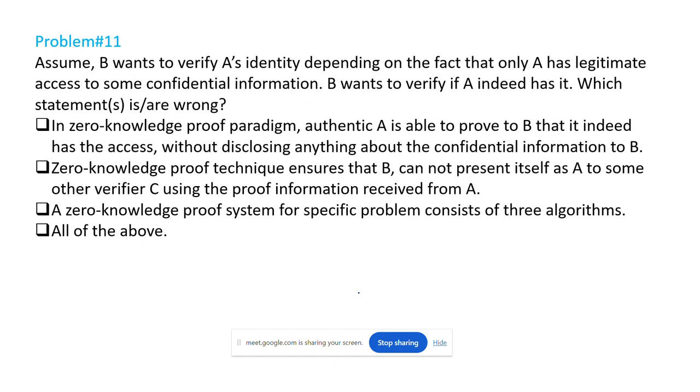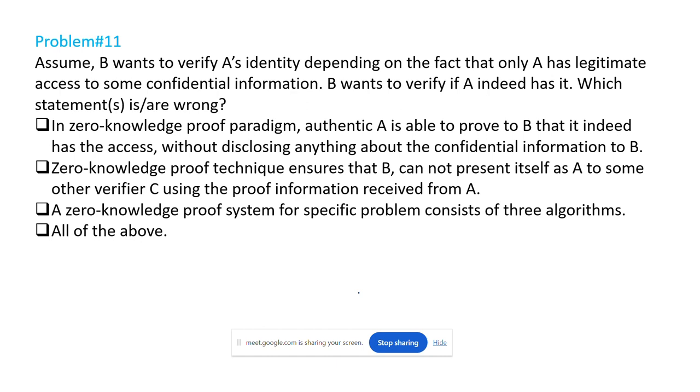So the protocol is going on between A and B, where A is trying to prove its identity to B. Now during the protocol, the information that B receives, can it successfully use that information to prove to some other party that I am A? Can B have that? It's false. So it cannot present itself as A to some other verifier.